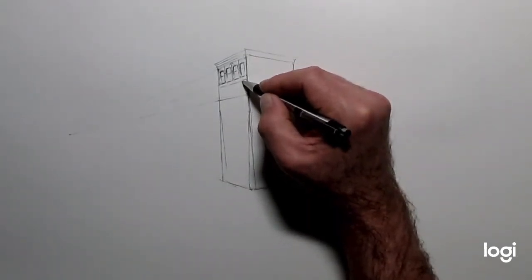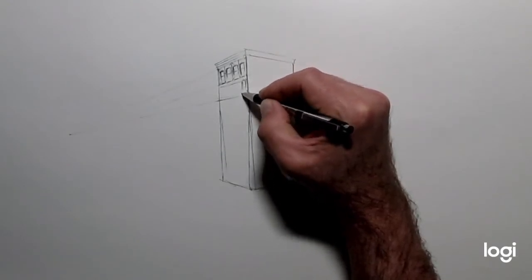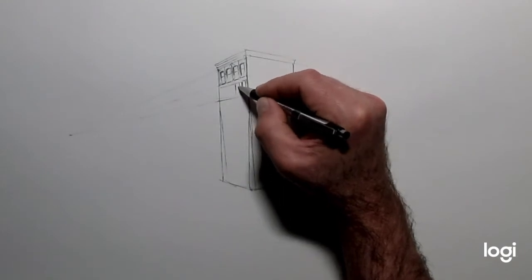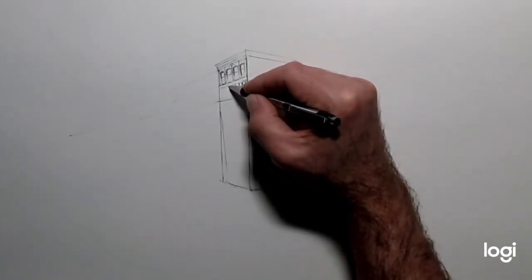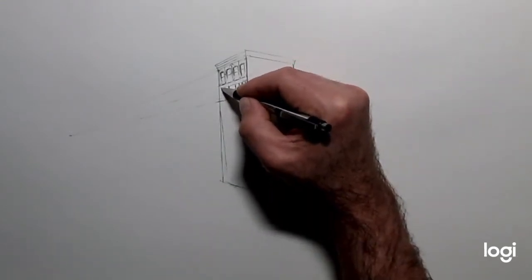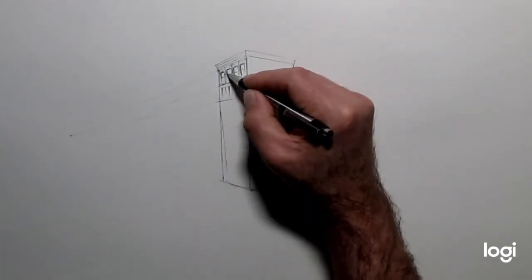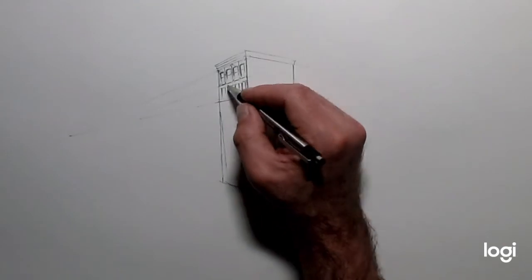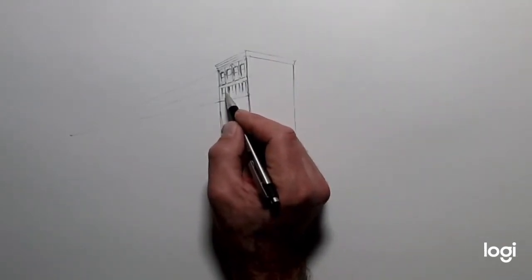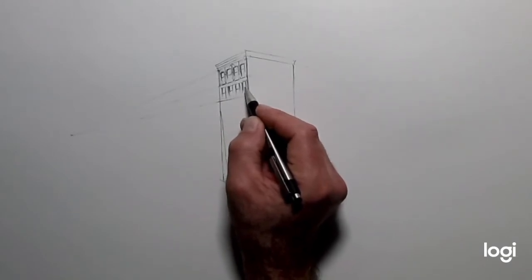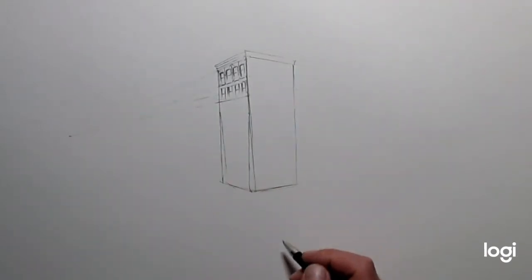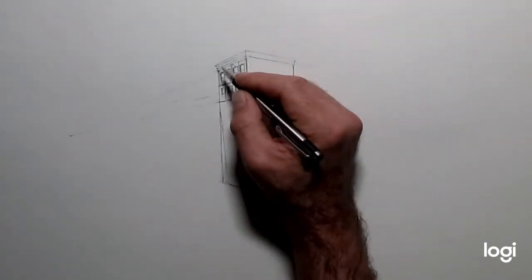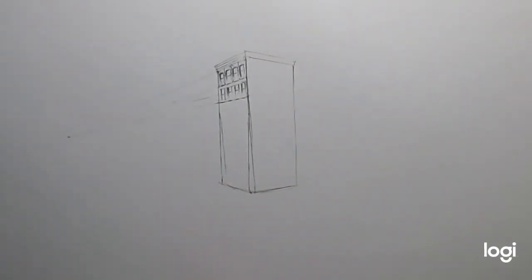And now I can just bring these lines down. So I kind of solved it up there. But you want to be careful not to drift. So I'm kind of drifting. These lines would also connect to that same vanishing point. And so on.